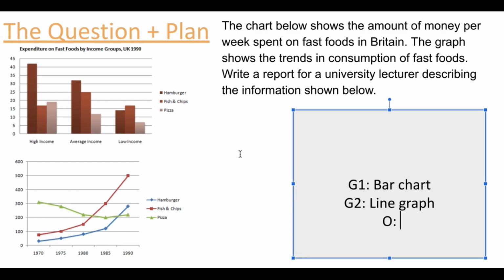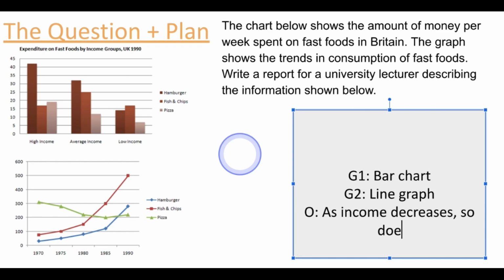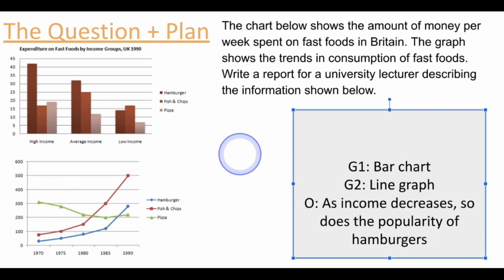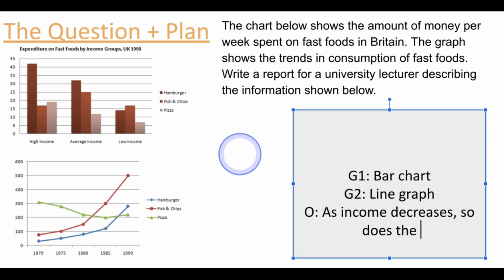So a general overview then, we're just going to talk about something to basically summarize a sweeping statement about what we're seeing here. So we can say as income decreases, so does the popularity of hamburgers. Oh, actually, no. So does not the popularity.